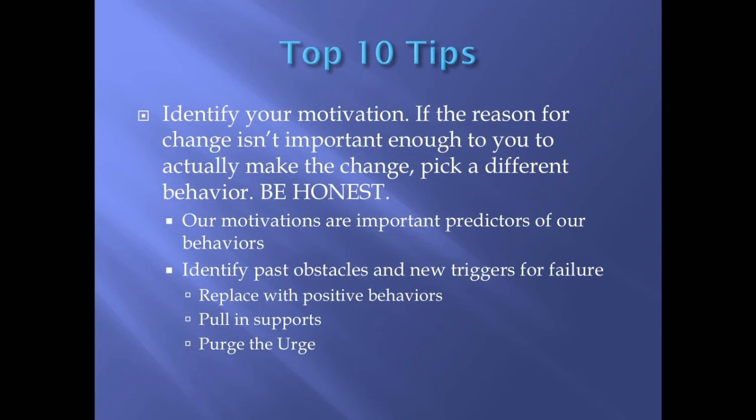And part of identifying your motivation is looking at what stopped you in the past, identifying your past obstacles and new triggers for failure. And a lot of articles will suggest that for every past obstacle or for every trigger you identify a positive behavior you can do instead. We all know this, the I'm gonna lose weight, clean out the pantry model, right? You're gonna be a lot more successful in losing weight if you come home to a pantry that supports your ability to lose weight.